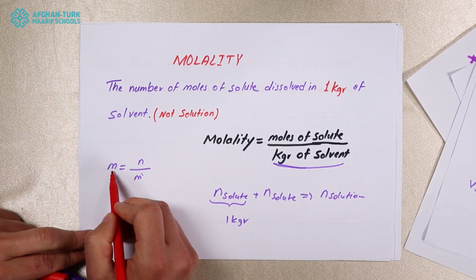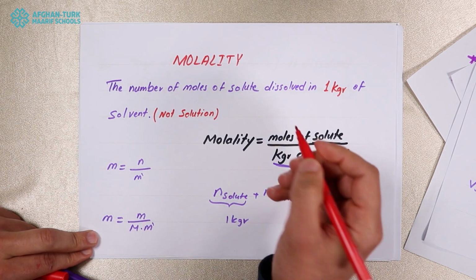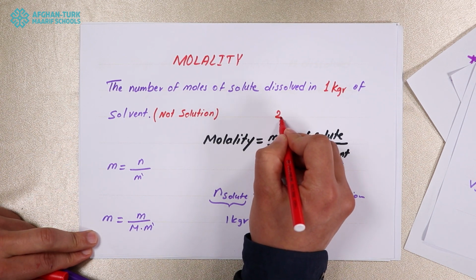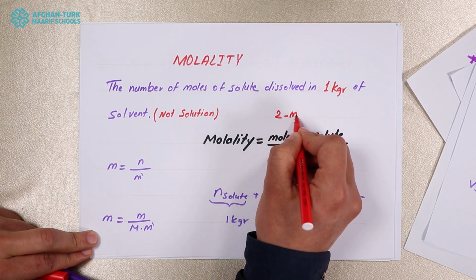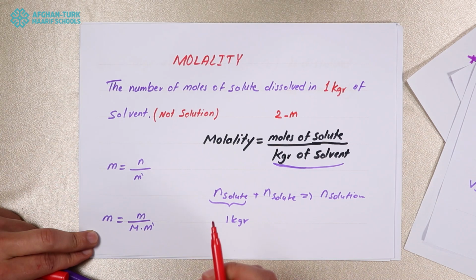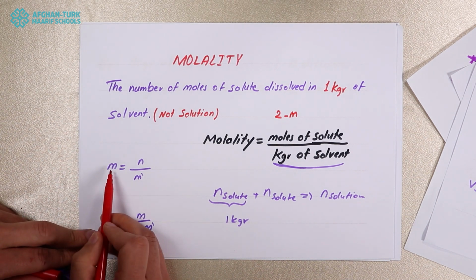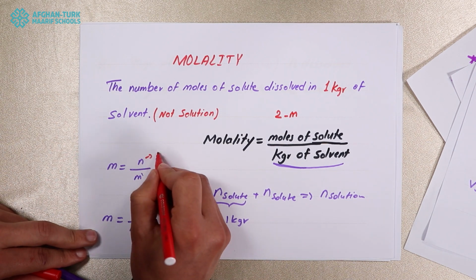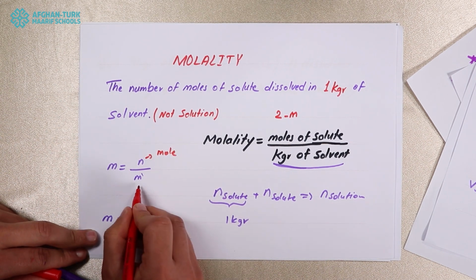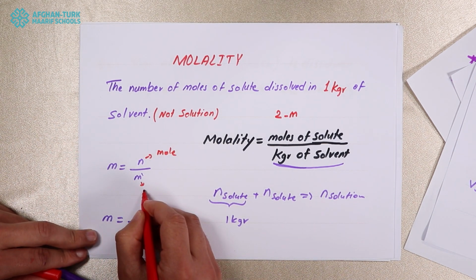Molality is represented by a small m. In some books it's written, for example, 2 m, which means 2 molal. Here we have a formula: molal is equal to n, the moles of solute, divided by m prime, the mass of solvent.